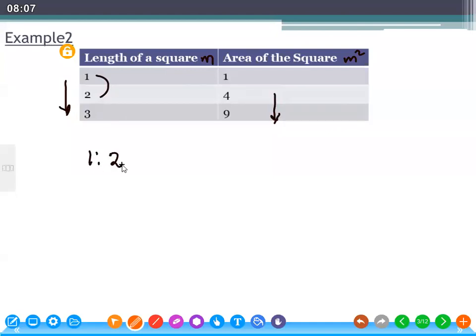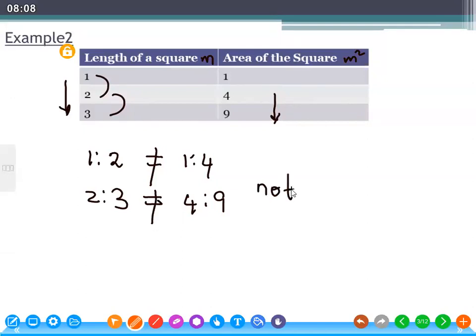Their areas are 1:4. So the ratio is not equal. So it is not a direct proportion. You can choose another ratio also, that is 2:3. Take the area ratio, which is 4:9. We can't simplify this one further. So it is also not equal. So we can say this is not a direct proportion.